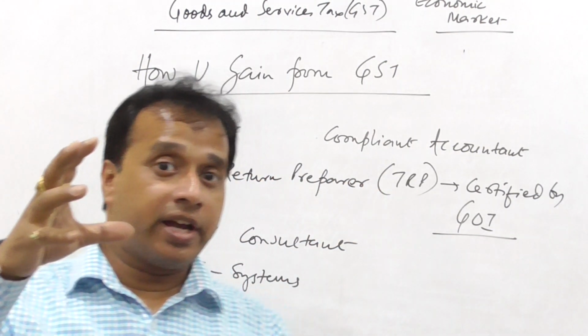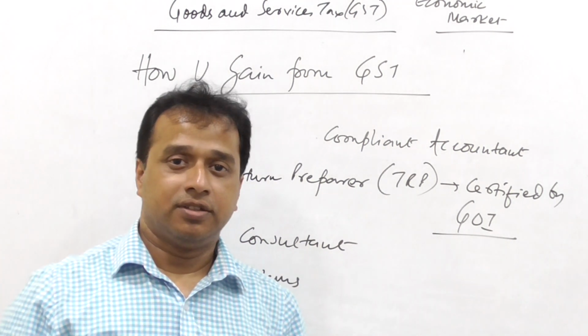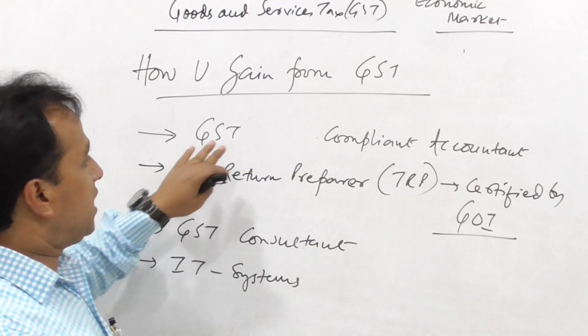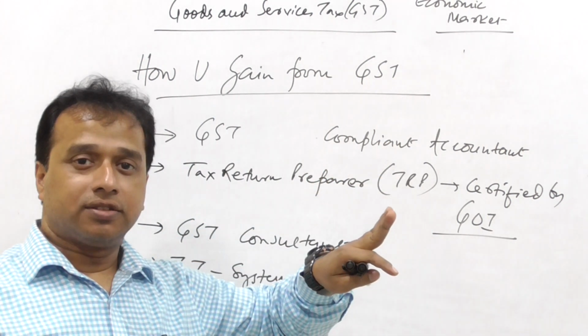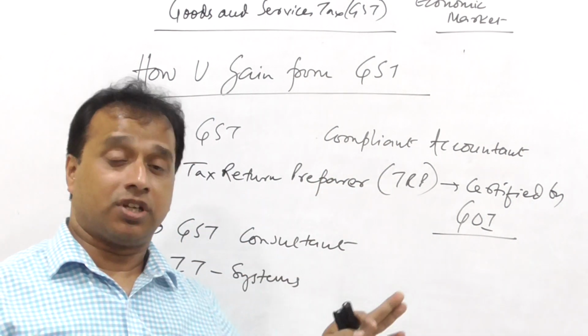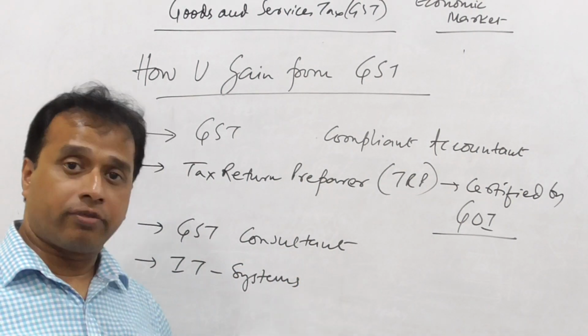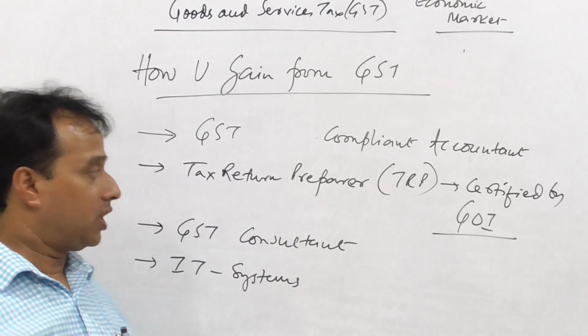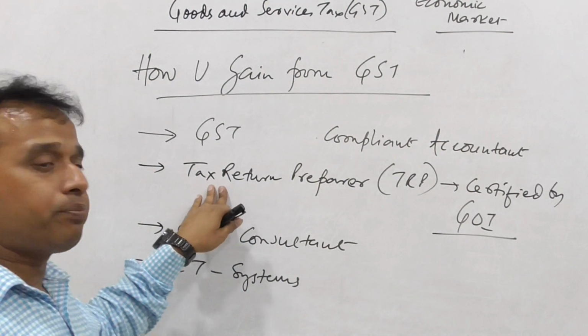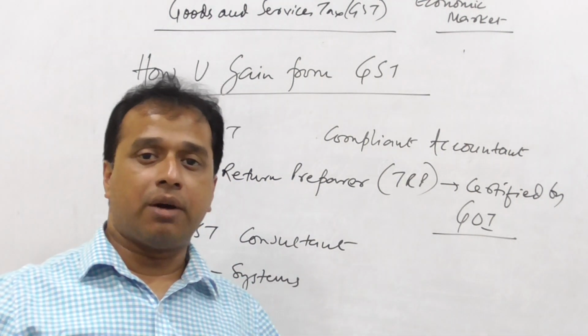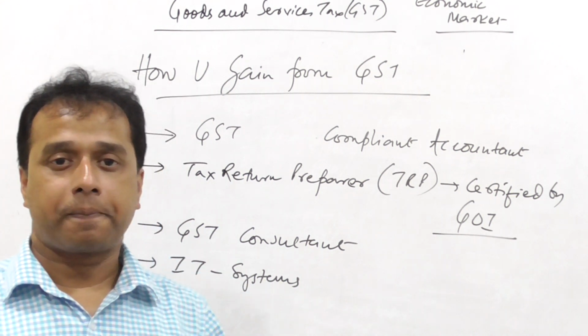That's why Digital India has been stressed upon. A GST compliant accountant is not a professional. Or you can be a GST consultant if you want to be a professional, or when you become a professional. You can be a TRP, even a graduate can become a TRP, tax return preparer.